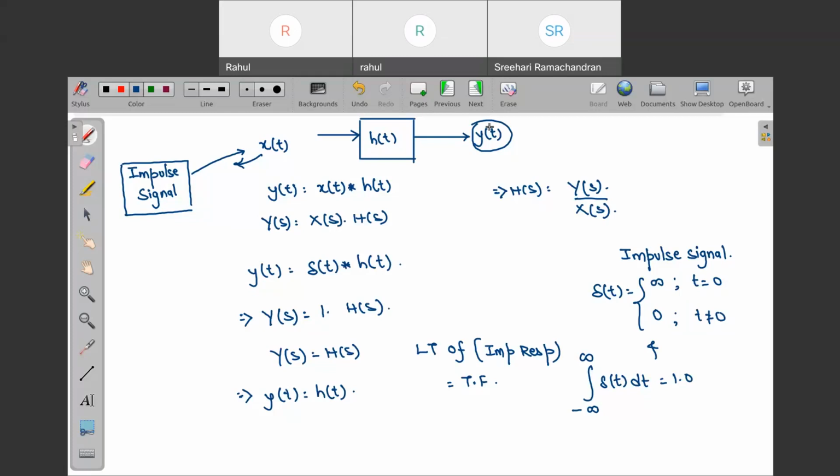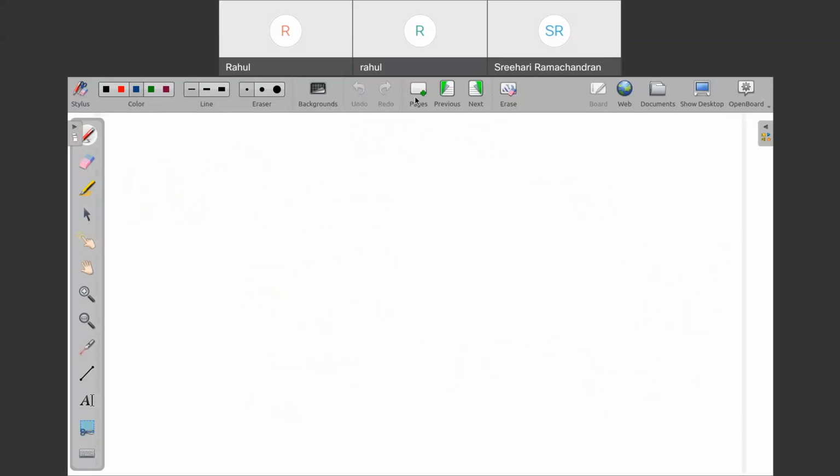Now for example, suppose we have a system h(t) defined as e to the power minus 2t u(t), with output y(t) and input x(t) equal to u(t).